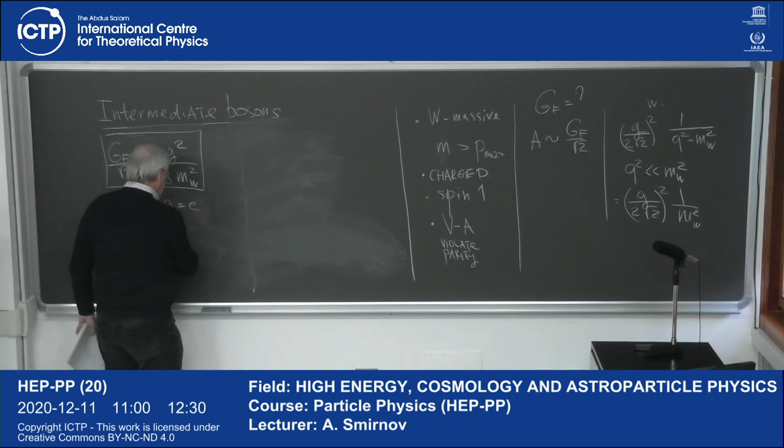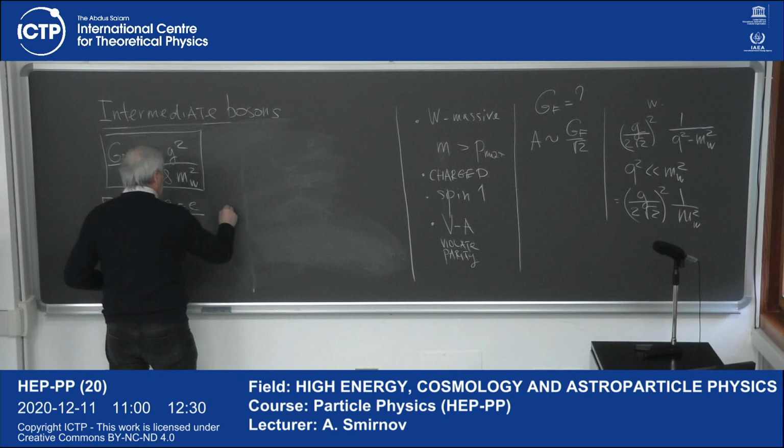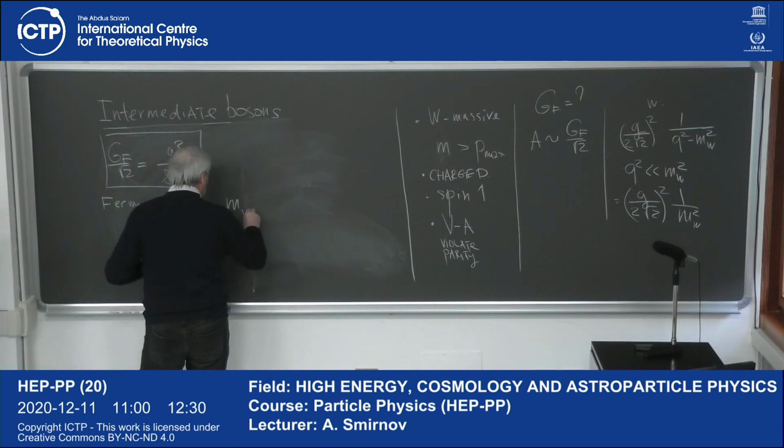And Fermi estimated that the only thing not known is this g. G Fermi you measure just from rates of beta decay. So Fermi assumed g to be equal to e. And therefore, the only unknown is the mass of the W boson, and I will not resolve this simple equation, of course. What Fermi got is that the mass of the W boson should be something like 37 GeV.